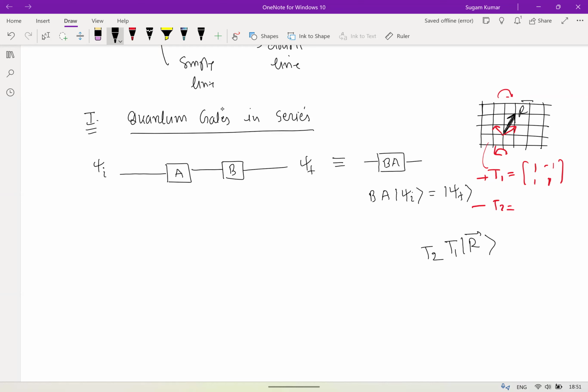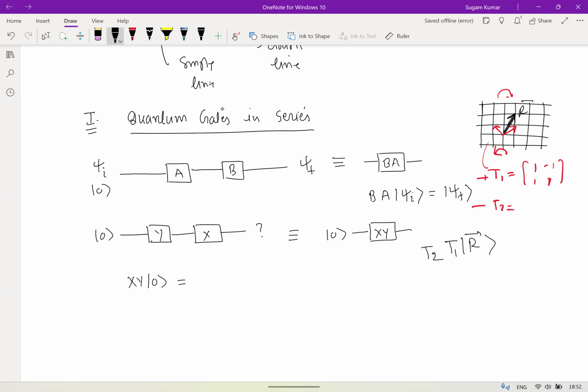For example, let's take a real example. So I have a y here, then I have an x here, and I want to see what will be the output. So this is equivalent to a 0, and here it will be xy. Technically, it means xy operates on the 0.